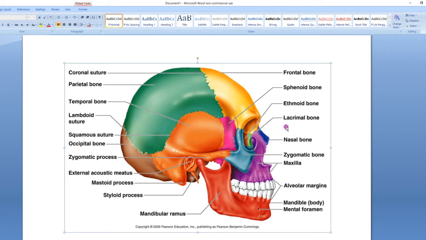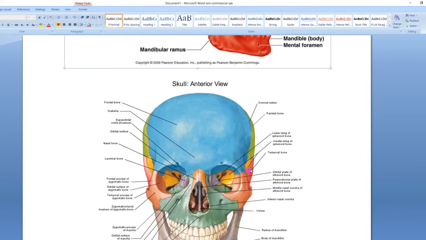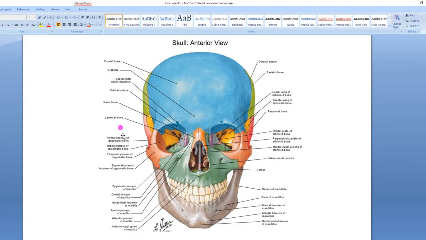Now there's nothing else with the lacrimal bone that we need to know, so we're just going to move right on to the maxilla. Our maxilla is this bone that makes up your face. So it holds your upper teeth, and it makes up the front of your face. If I scroll down to my other picture, it's this green bone here.